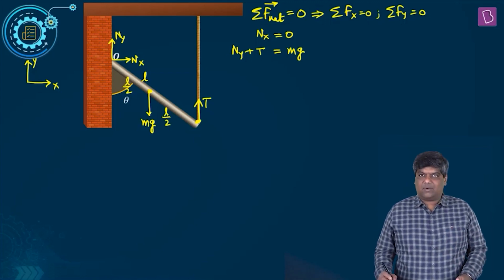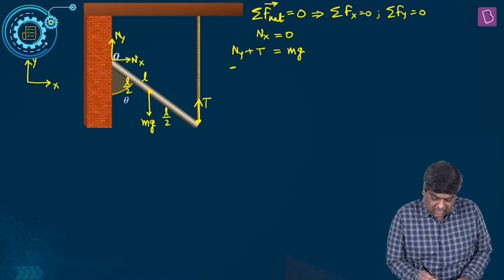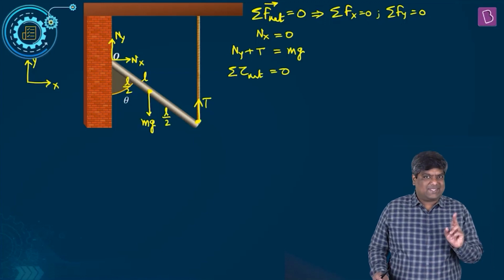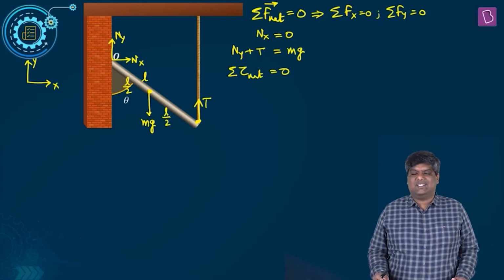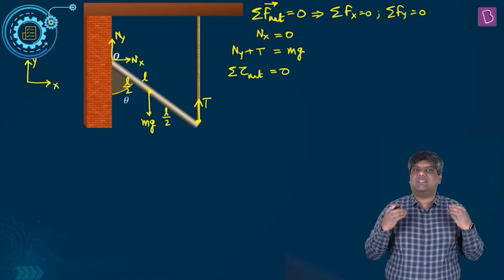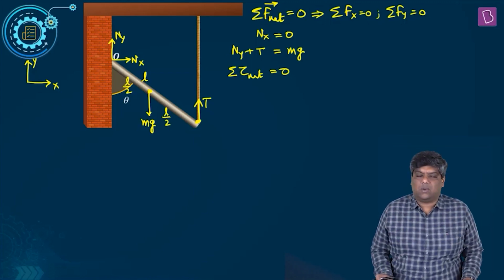For that, we're going to go for net torque about any axis must be equal to 0, the second equilibrium condition, right? Net force must be 0, net torque about any reference axis must be 0.